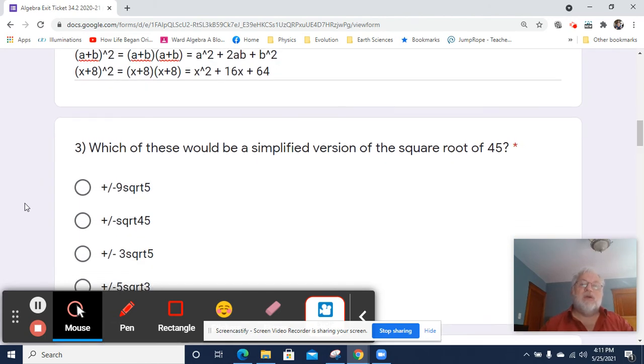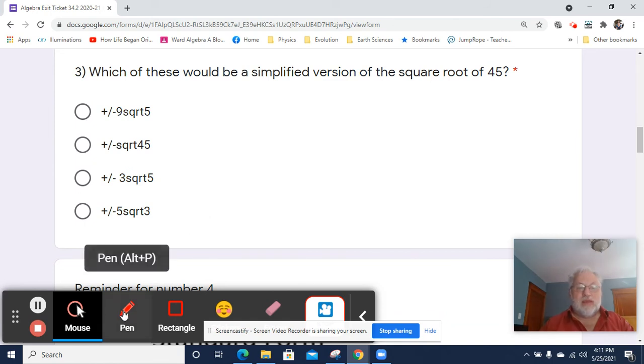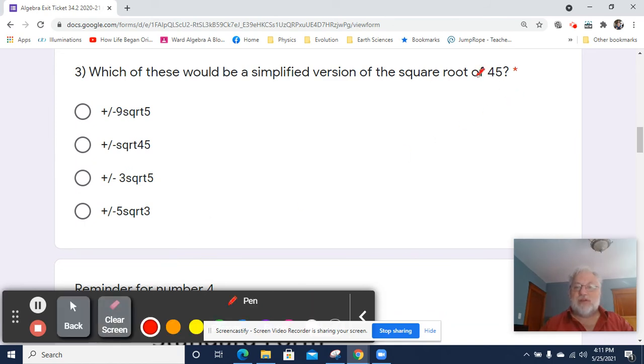Okay, let's think about which one of these would be a simplified version of the square root of 45. When you're getting a square root and you're trying to simplify, it's useful to break the number you're getting the square root of down into its factors. And 45 is 9 times 5.